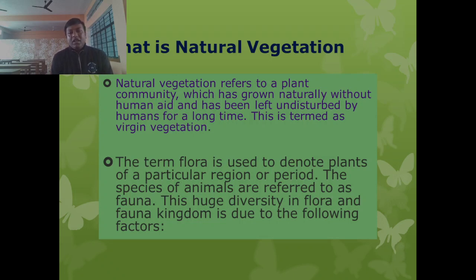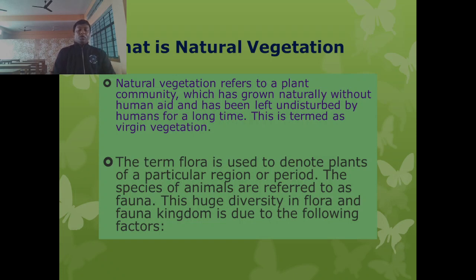Natural vegetation is also called virgin vegetation. So natural vegetation refers to the plant community which has grown naturally without human aid and has been left undisturbed by humans for a long time. This is termed as virgin vegetation.